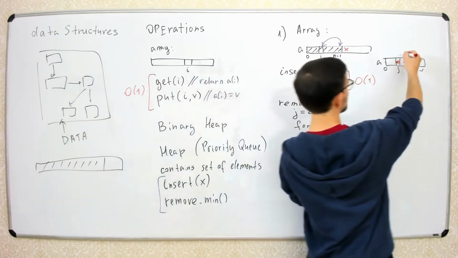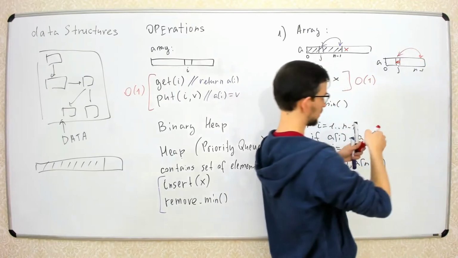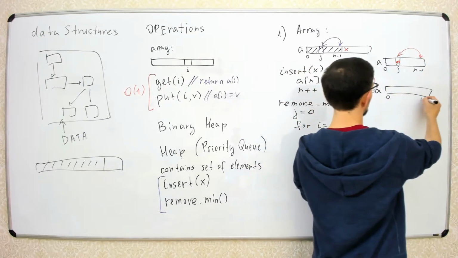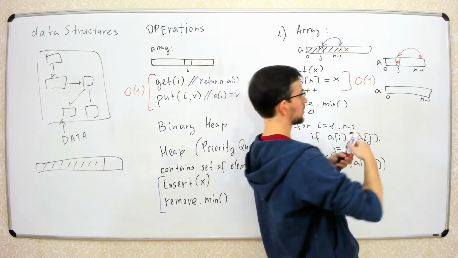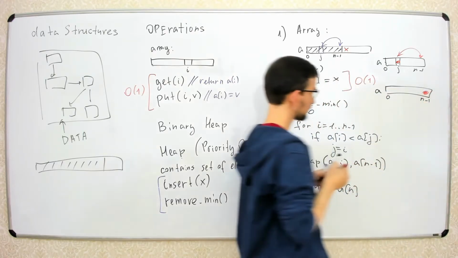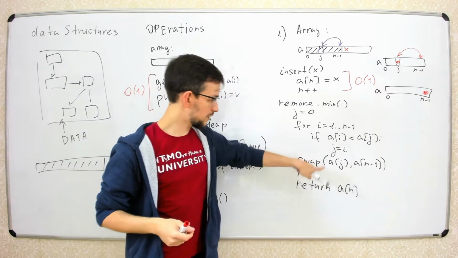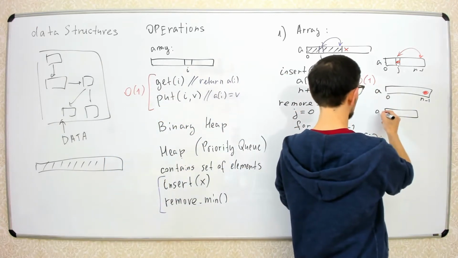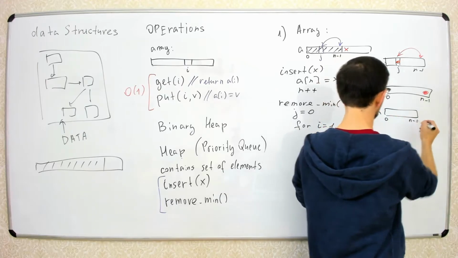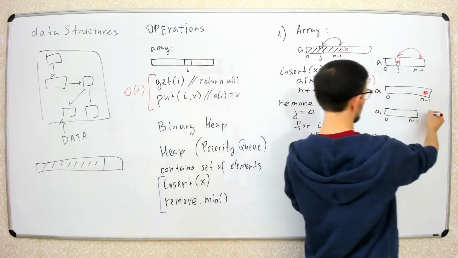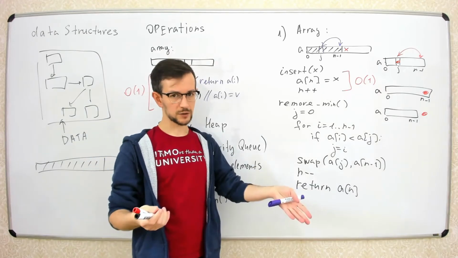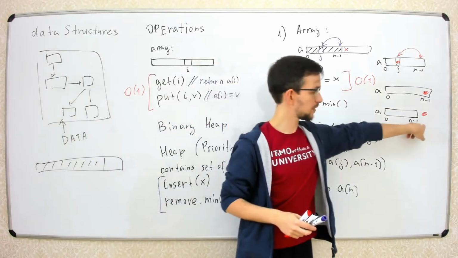So now we have elements from 0 to n minus 1, and this is the minimal element. Now we decrease n, so we have this array, and the minimal element is here. In the end we want to return this minimal element, so the minimal element has index n.